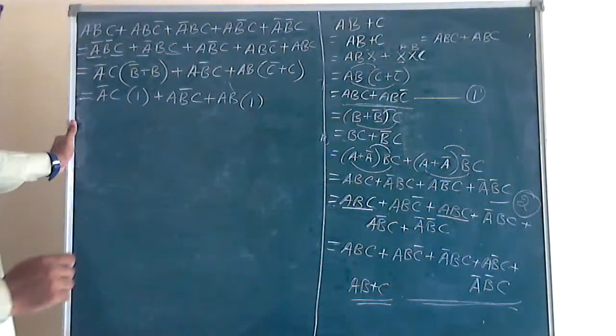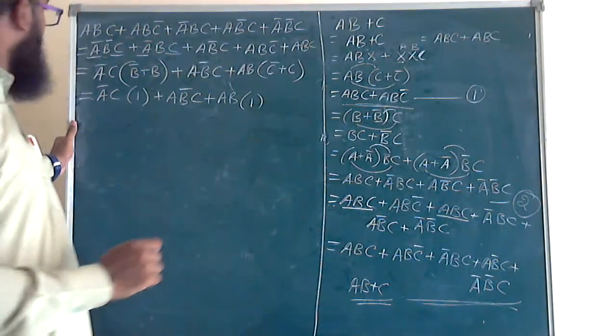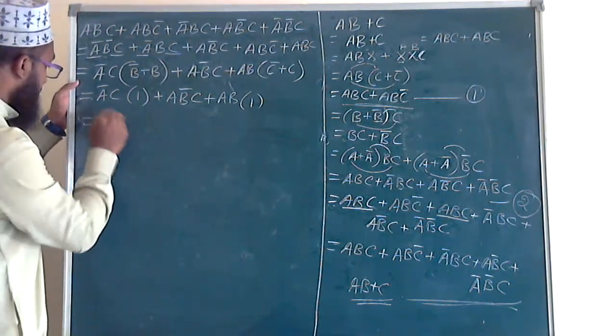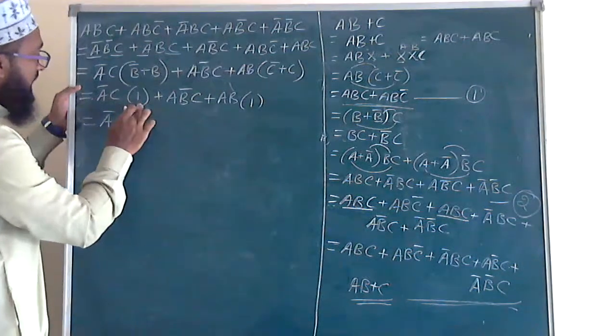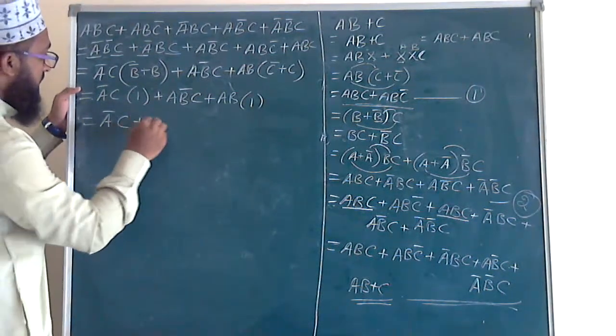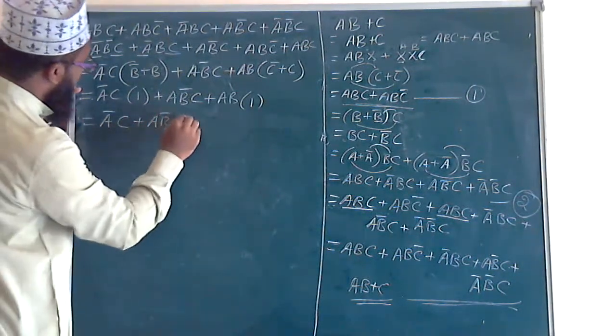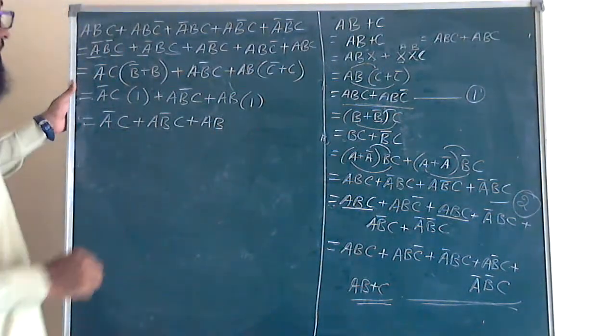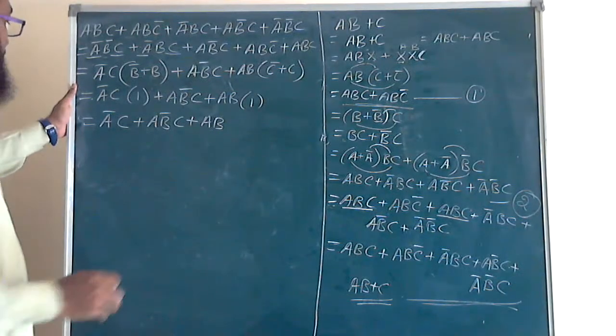Here write down A bar C into 1 is A bar C plus A B bar C plus A B.